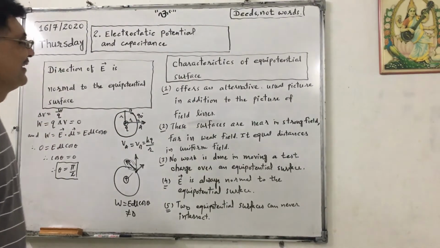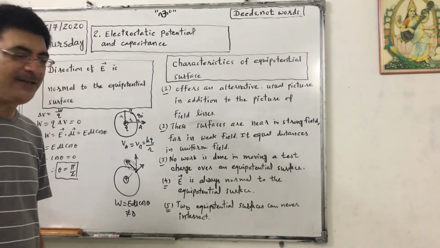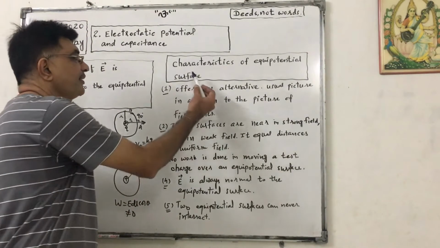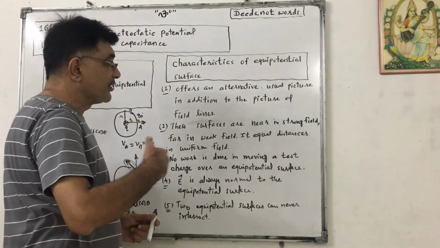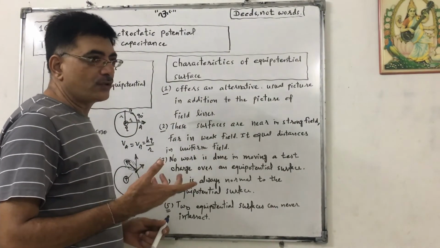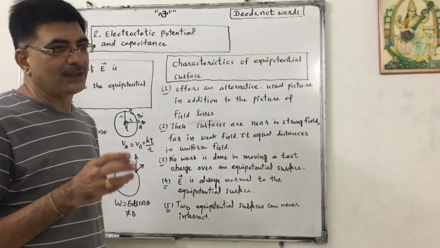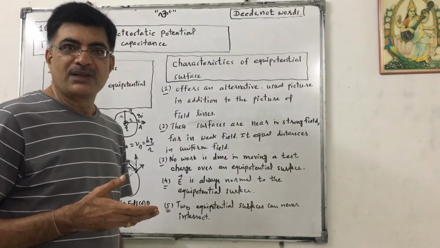Okay? Now these are the characteristics of equipotential surface. It offers us an alternative visual picture in addition to the picture of field lines. Means field lines also give us a picture that if field lines are closer, field is stronger, like that.